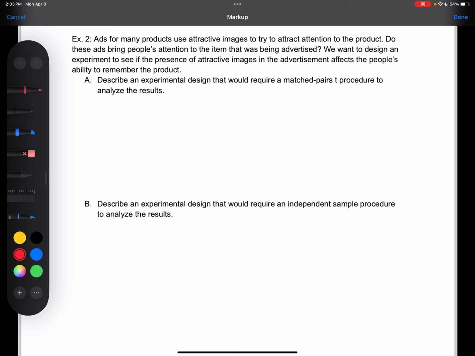Yeah. So randomly split volunteers into two groups.